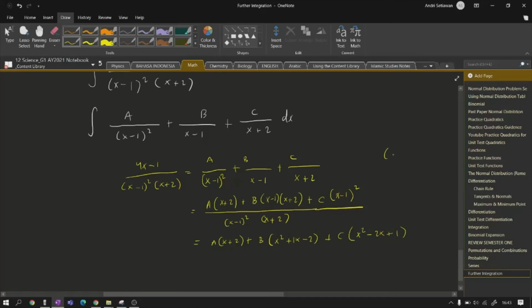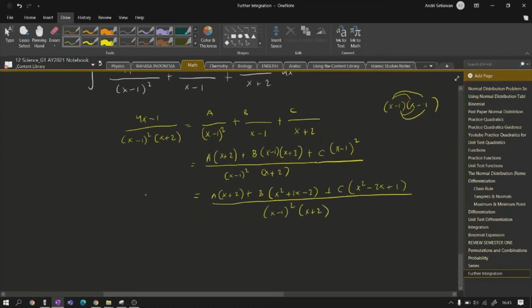You can make it (x − 1) times (x − 1), and use distributive properties, over (x − 1)²(x + 2). Okay, this is similar.